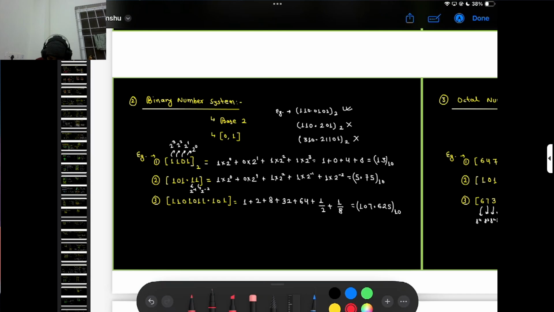Binary number system, base 2, only 0 and 1 are present. So this is my half, this is my 1 by 8, so for 1 by 8, 2 to the power minus 3, something like that.